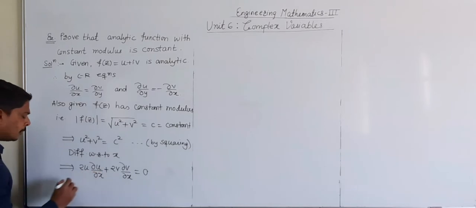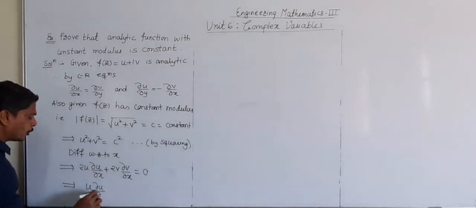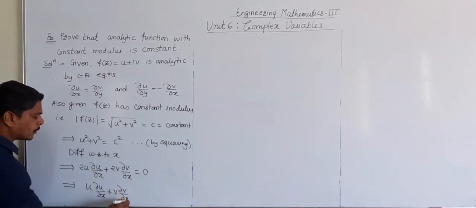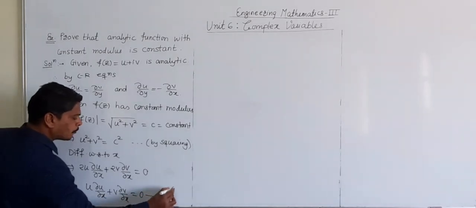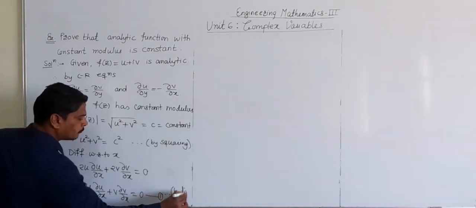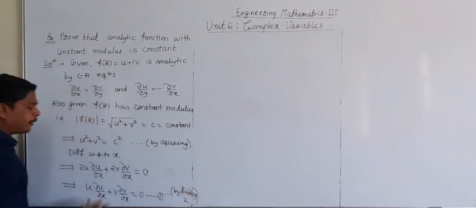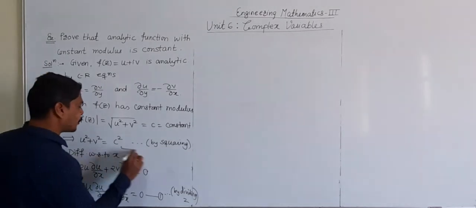Now divide by 2, we get u into partial derivative of u with respect to x plus v into partial derivative of v with respect to x is equal to 0. Now this becomes our equation number 1, by dividing both sides by 2.